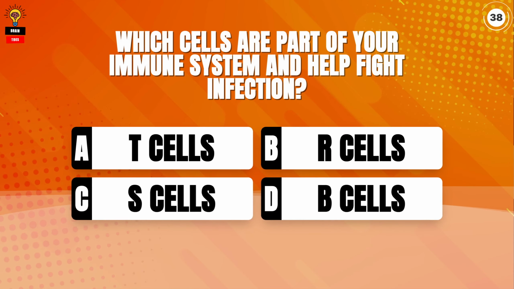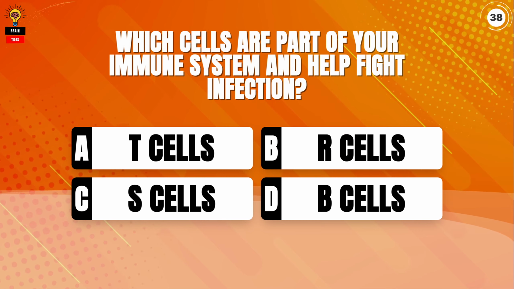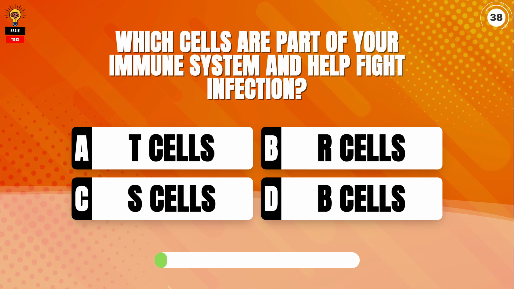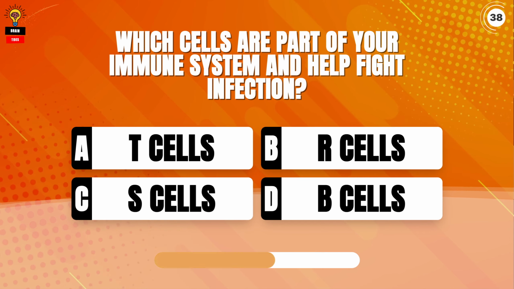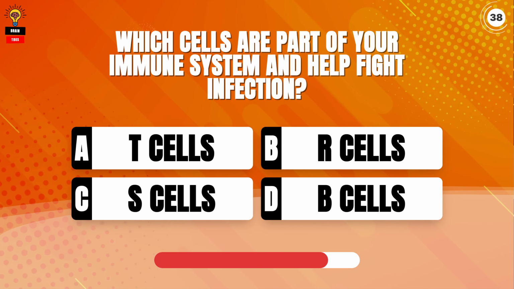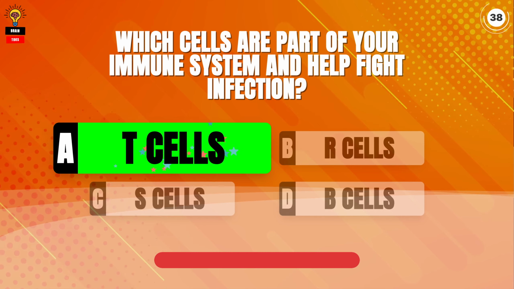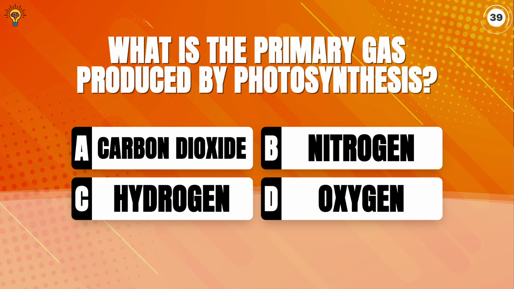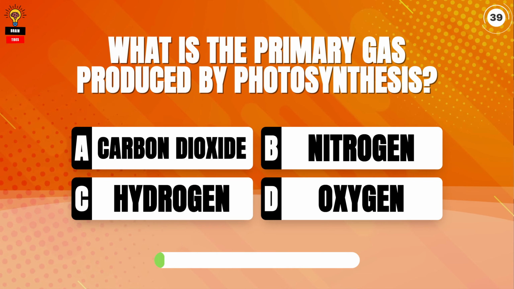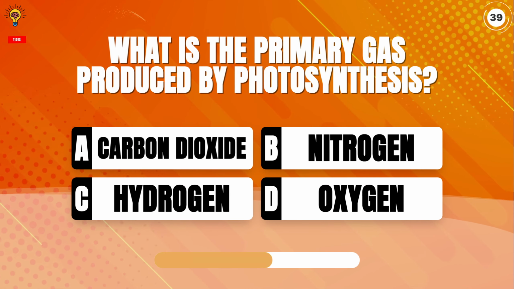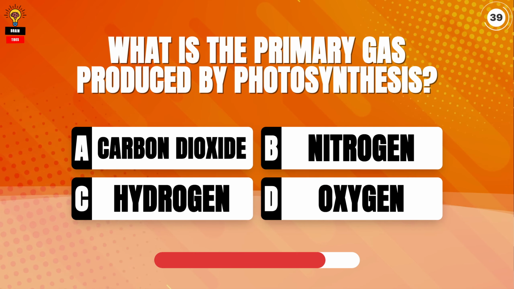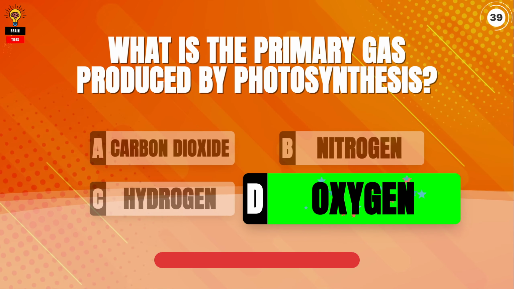Which cells are part of your immune system and help fight infection? T cells. What is the primary gas produced by photosynthesis? Oxygen.